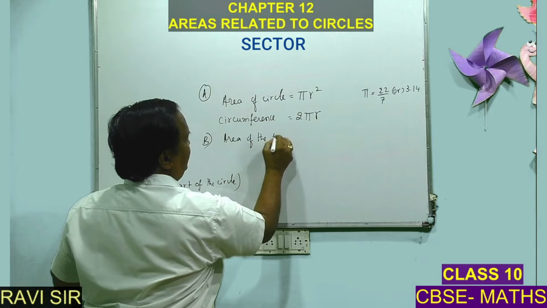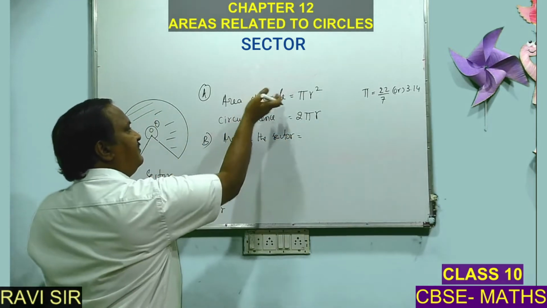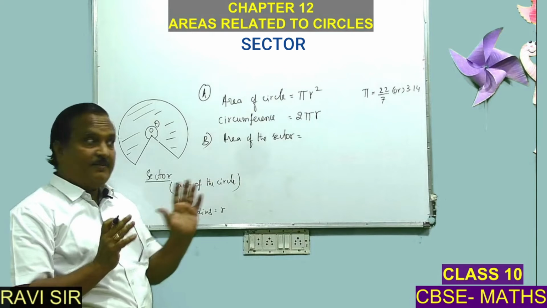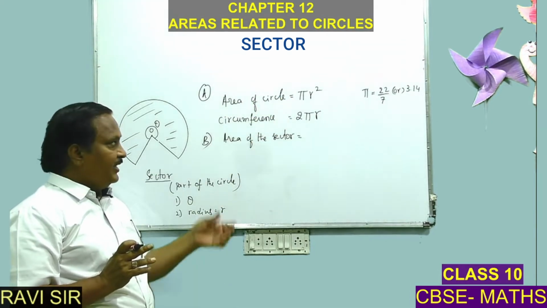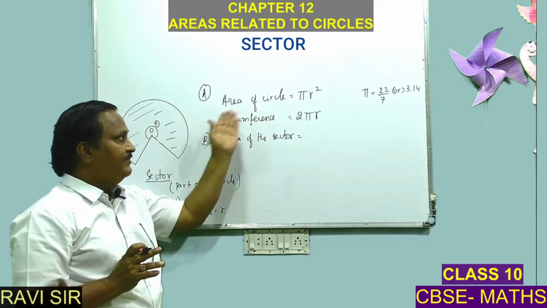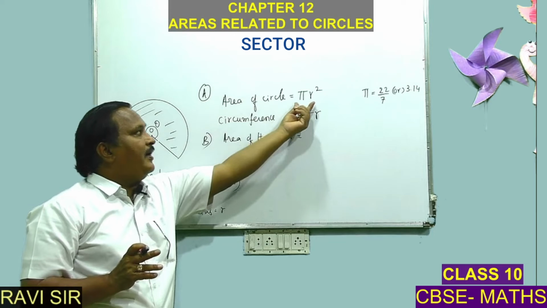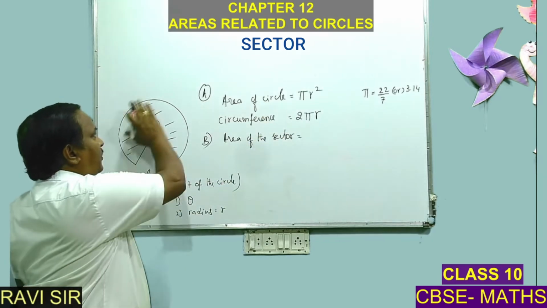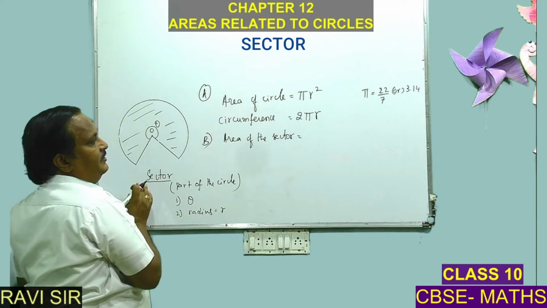Area of the sector, because it is a part of the area of the circle. Sector is a part of the circle, so the area also comes as a part of pi r square. Area of the circle is pi r square. So the sector area also is a part of pi r square, because the whole thing is pi r square, a part is removed, so the remaining part is needed.